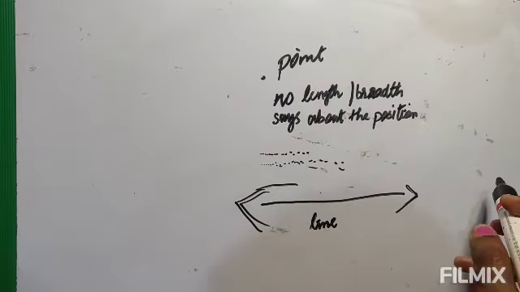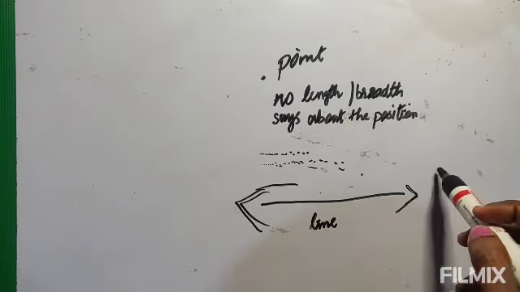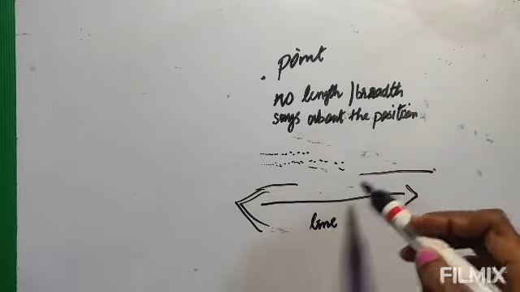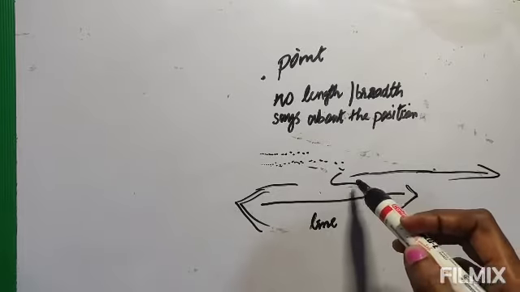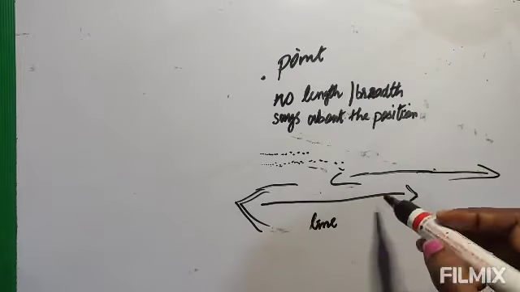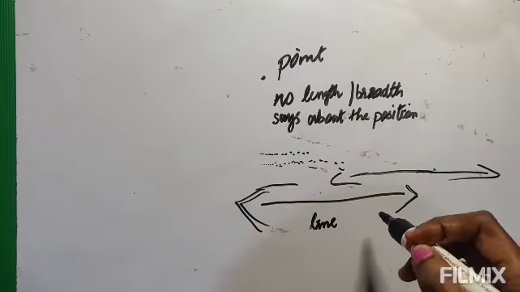Since it is going without stopping, we can't measure it. If we have to measure, we must know where it is starting and where it is ending. Then only we can measure. But if it goes on both sides without stopping, we cannot measure it. It has length, but we can't measure since it is going endlessly.